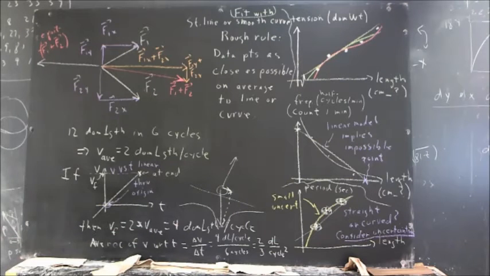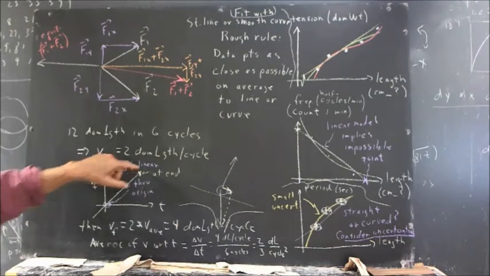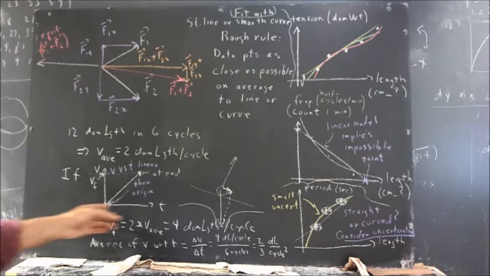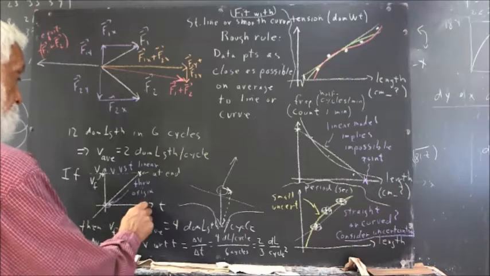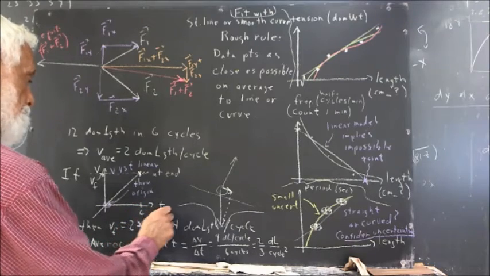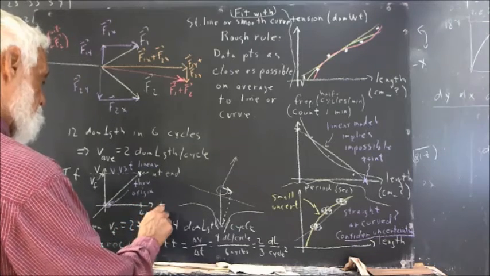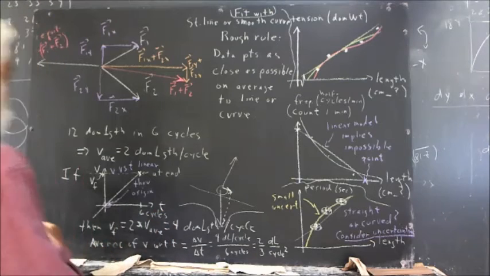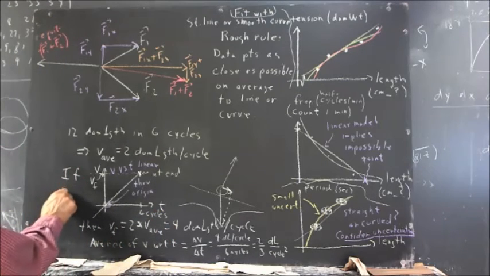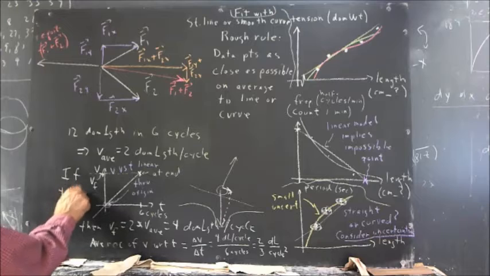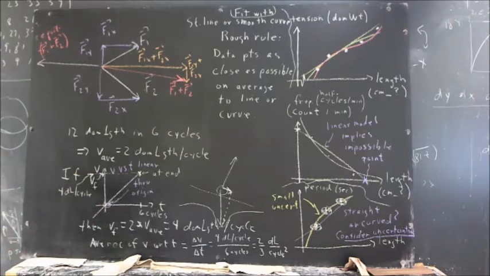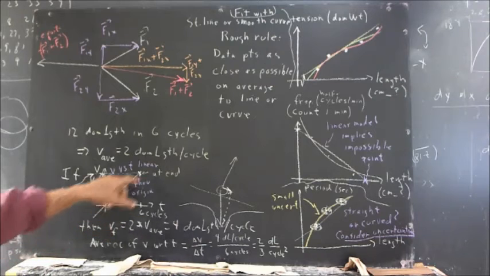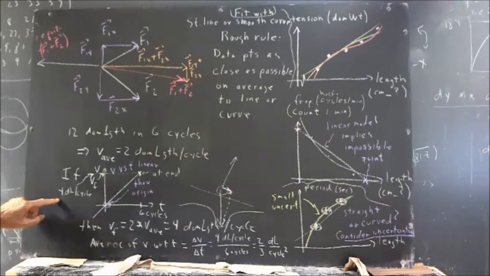So, this is the average rate of change of velocity with respect to time. Now, that is easily identified with this graph. The time, as it turns out, is 6 cycles, and the final velocity is now 4 domino lengths per cycle, so that between this point and this point, the rise is 4 domino lengths per cycle, the run is 6 cycles.